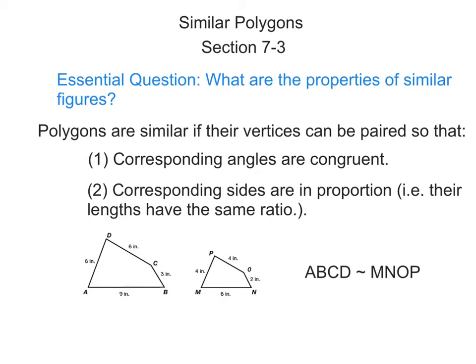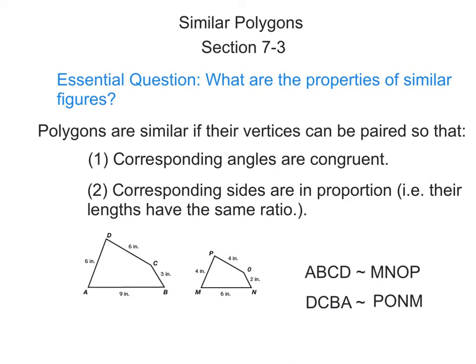So what corresponds to A? That's M. What corresponds to B? That's N. C corresponds to O, and D corresponds to P. So they must be in that order. Now if I had identified the left polygon as DCBA, I could not identify the right polygon as MNOP.